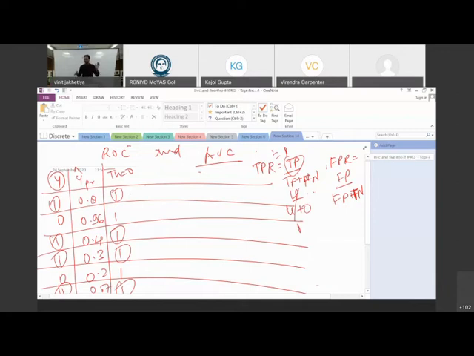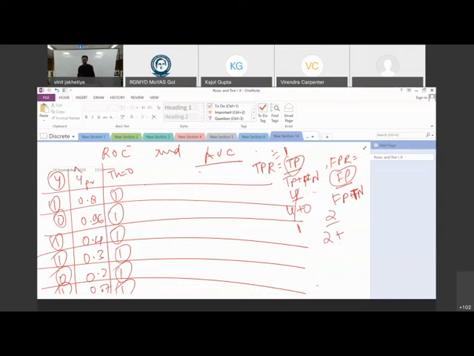What is going to be the value of the false positive rate? FPR. First we need to find out the false positive. That means the prediction is positive and it's incorrect. So you can see, prediction is positive, this is incorrect. So 2 divided by 2 plus true negative. True negative means the prediction is negative and correct.